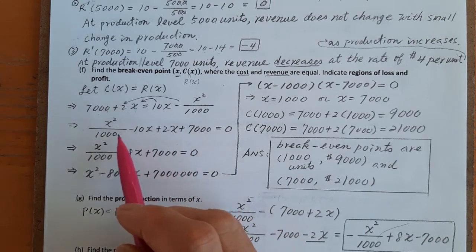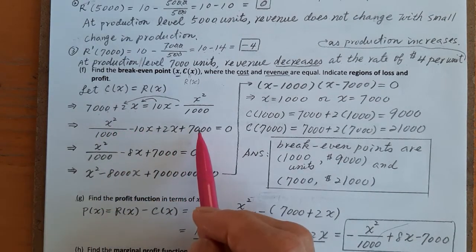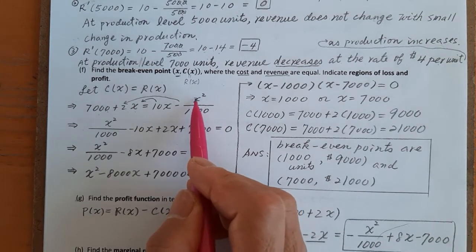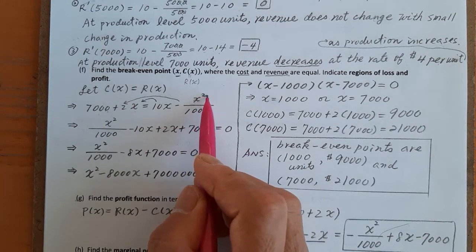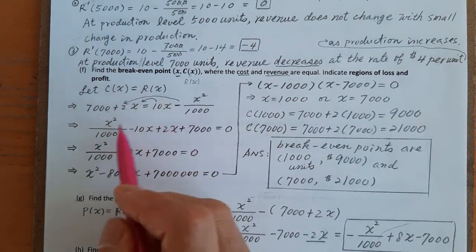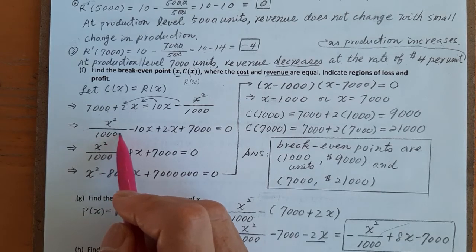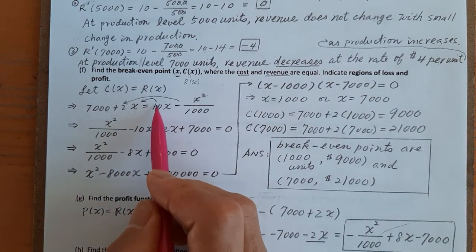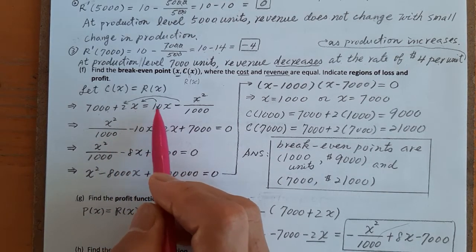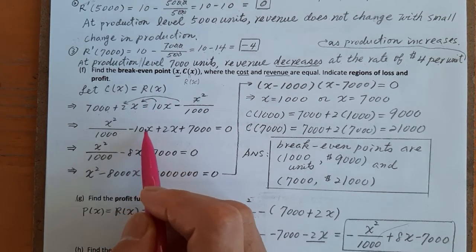Then put equal. First of all, you have to put them in descending order in the standard form. So this is the x squared term. Put first. Here minus, move to the left, change the sign, become plus. Put x squared over 1,000 first. Then this 10x, move to the left, change the sign, become minus 10x.